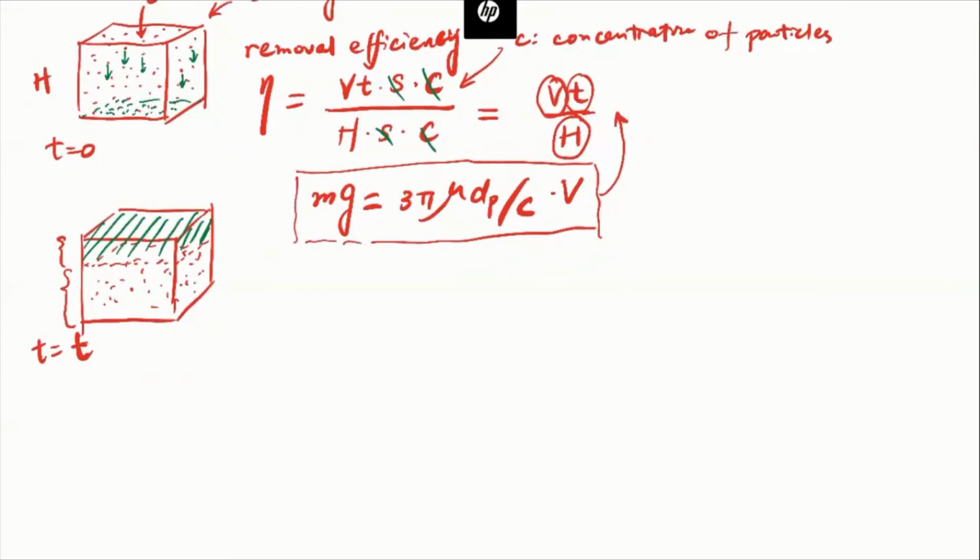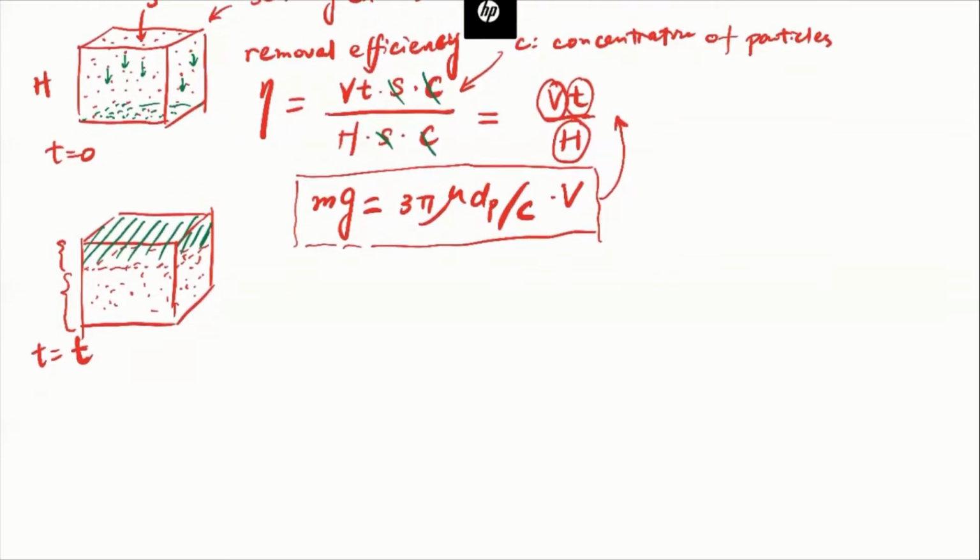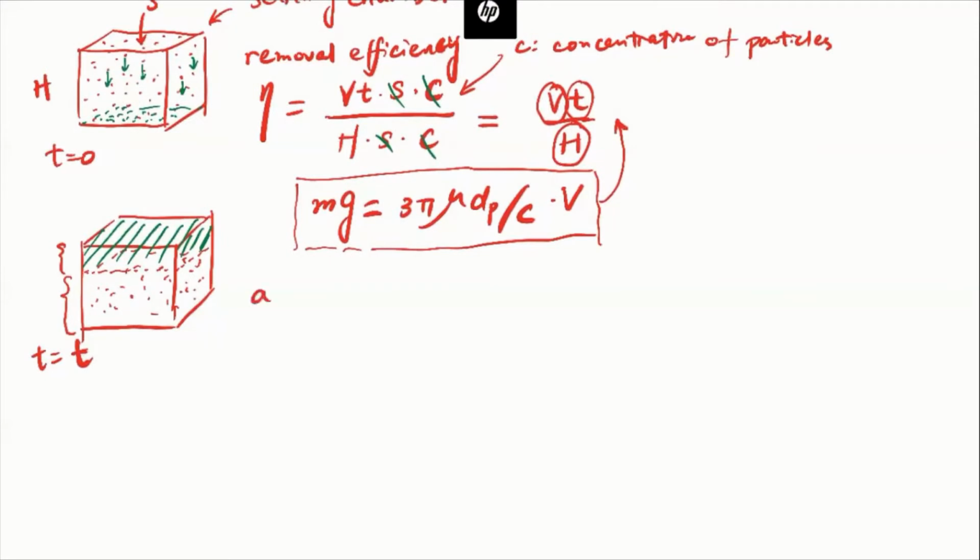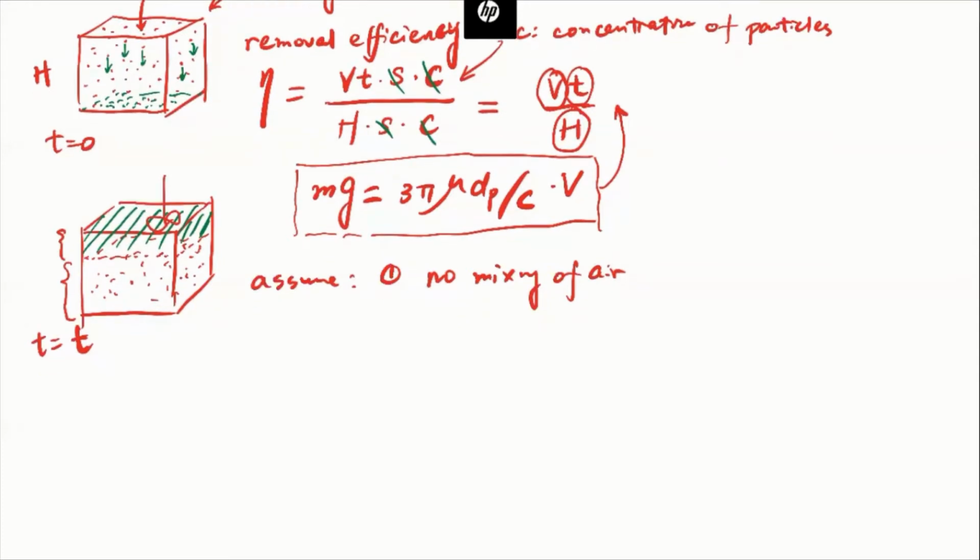One thing that we have been assuming in solving this problem is that there's no mixing of the air. Once the air can mix, let's say if we have a fan, then the particles will also get suspended up. That's going to be a more complicated problem, and we're going to talk about that later.